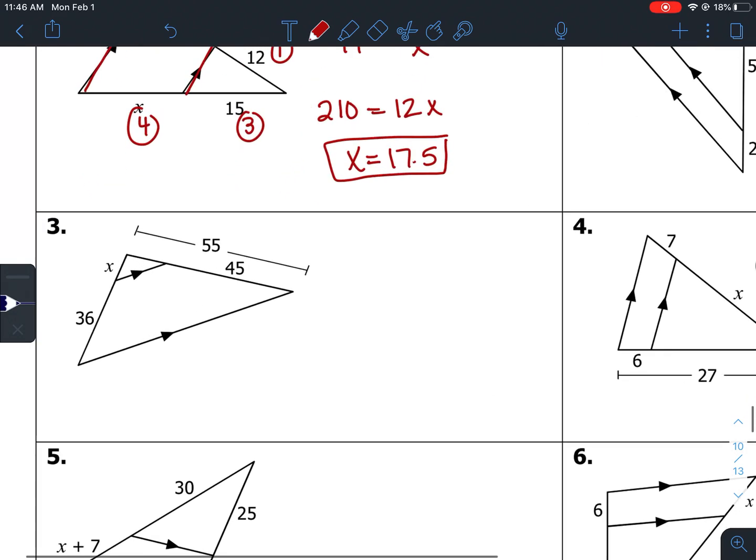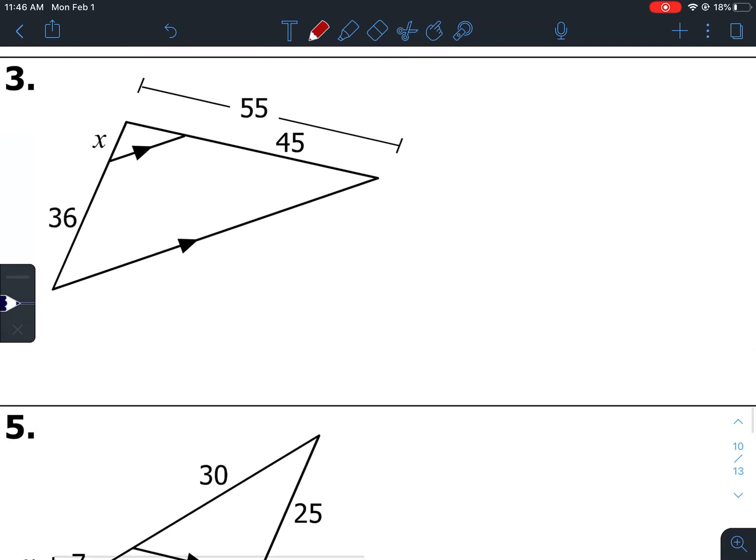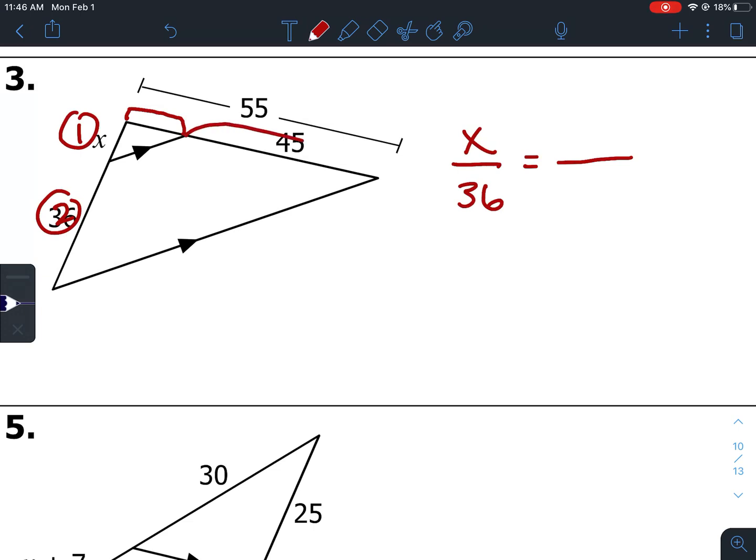All right, so let's look at 3. 3 is similar, so I'm going to set up this first proportion. So there's 1 and 2. So I'm going to have x over 36. Now we don't know this top one, but we do know the whole. So again, this brings us back to first semester when we did chunk plus chunk equals whole. Well, if this little section is 45 and the whole thing is 55, I can subtract to get 10.